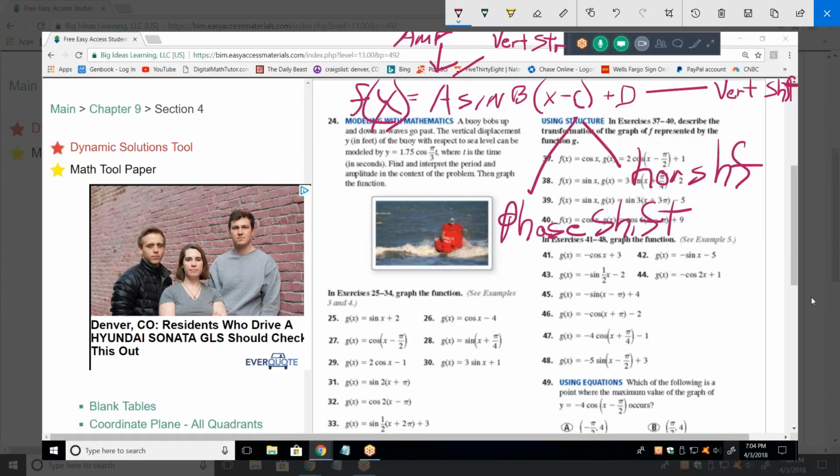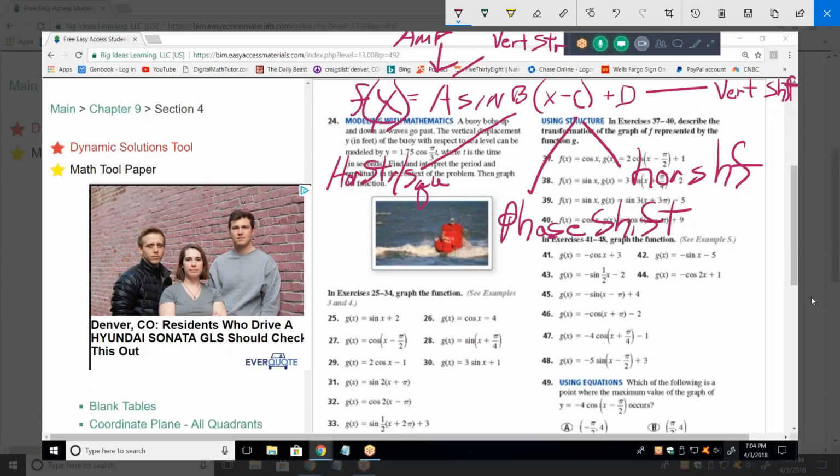Which leaves us to B. In algebra, that would be called a horizontal stretch or squeeze, depending on whether it's above 1 or less than 1. Same thing for amplitude.